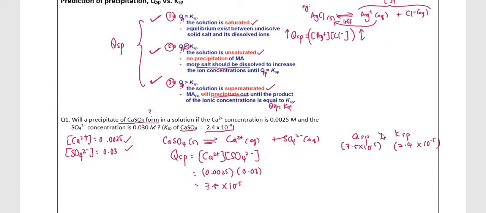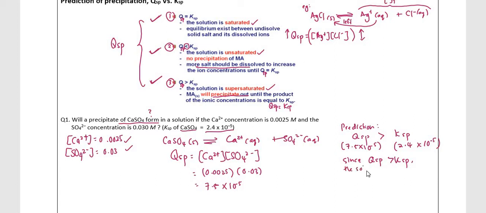Okay, now you are making a prediction. Okay, right. Since QSP is greater than KSP, this is the third condition.